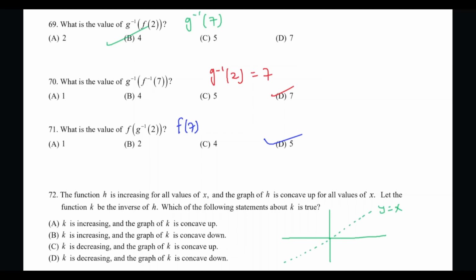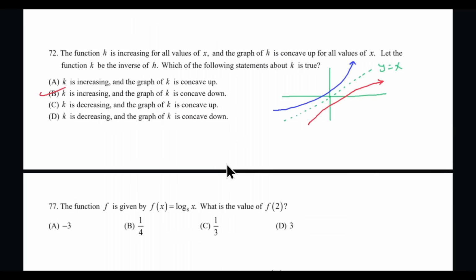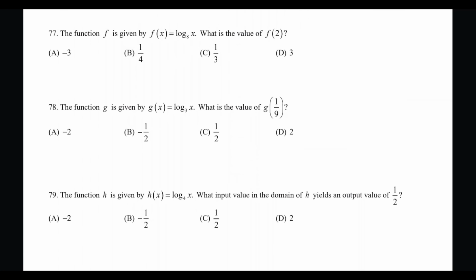So assume a hypothetical function h which is increasing and concave up, probably something like this. If I take the reflection of this about y equal to x, it will look like this, which means it is still increasing, but now frowning, which means concave down. So it has to be option B. That's the correct choice. It was a good conceptual question, I would say.